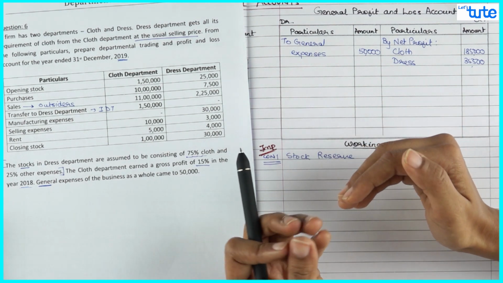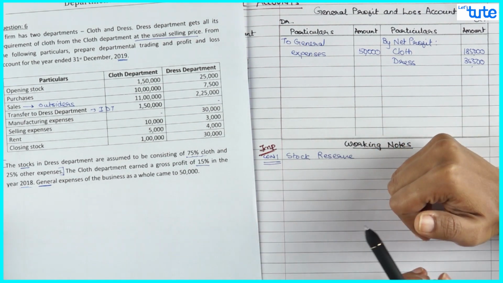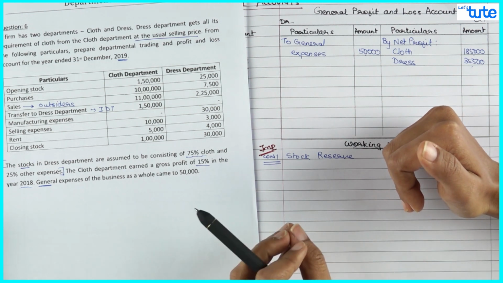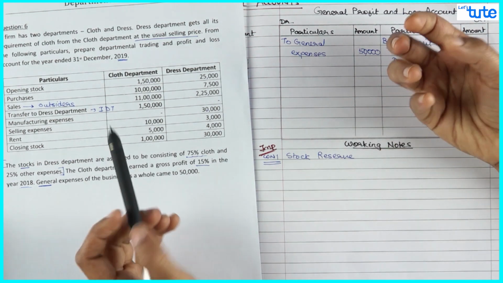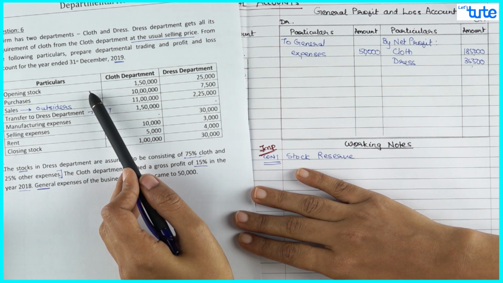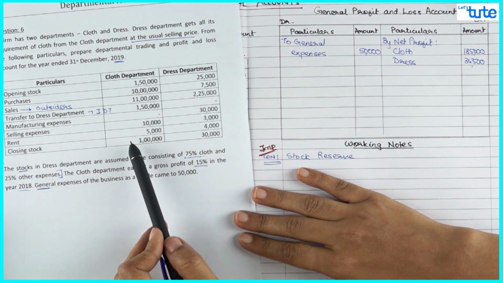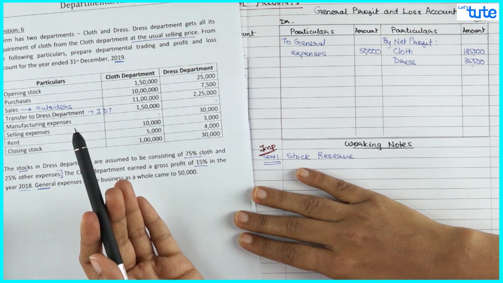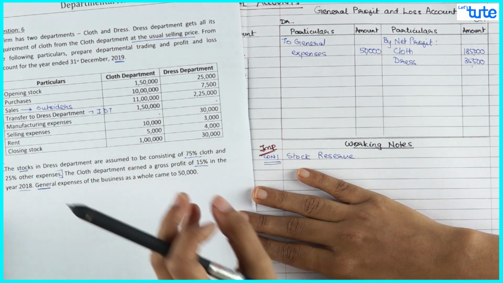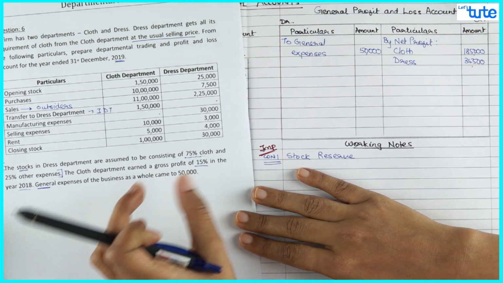And second, the stock of the receiving department, and in that also the stock which is received from interdepartmental transfer at invoice price, and it should be still lying in the closing stock, because if it is sold, then some profit would have been earned by cloth department, some by dress department, but overall the company earned a profit, then you need not reverse the unrealized profit, because the profit has been realized.